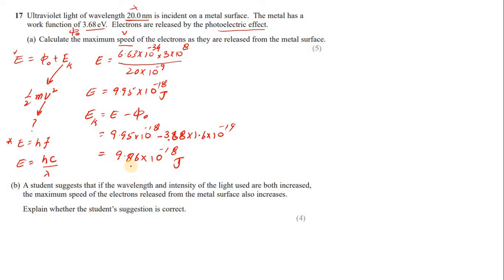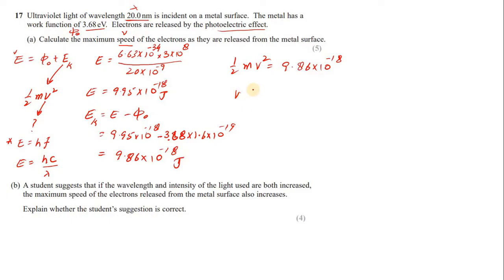So this is the kinetic energy, and now half m v squared is equal to the kinetic energy, which is 9.86 times 10 to the power minus 18. Clearly, you need the mass of the electron, which is given in the formula sheet. First, we are going to rearrange.